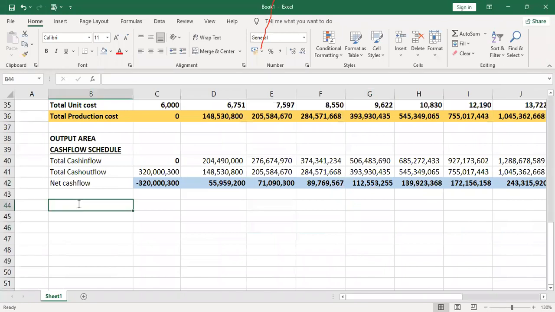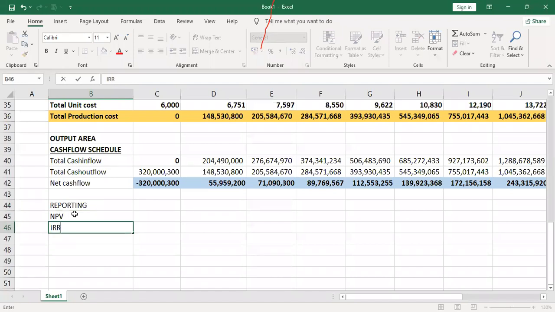So come here and type reporting, and then here we have NPV, we have IRR, and then we have MIRR.